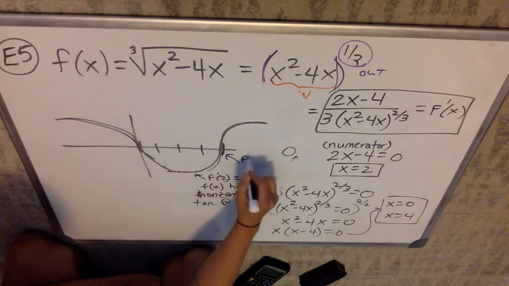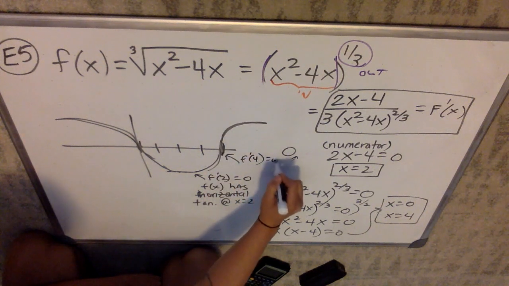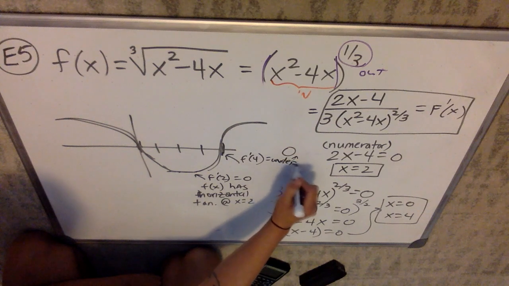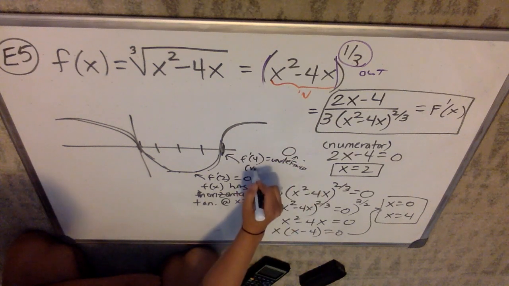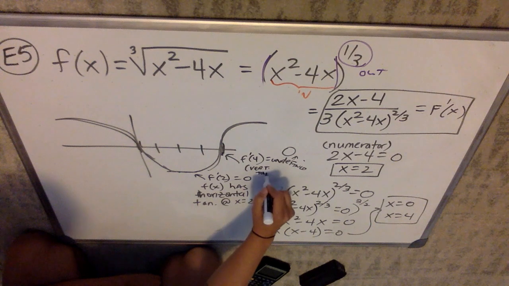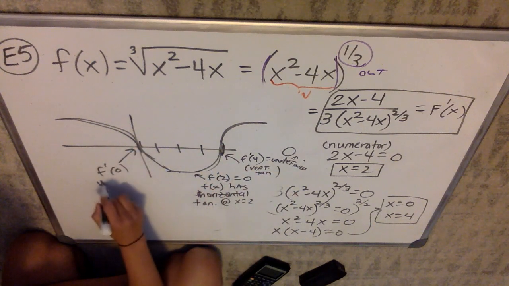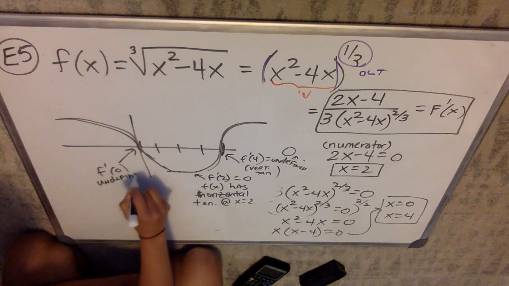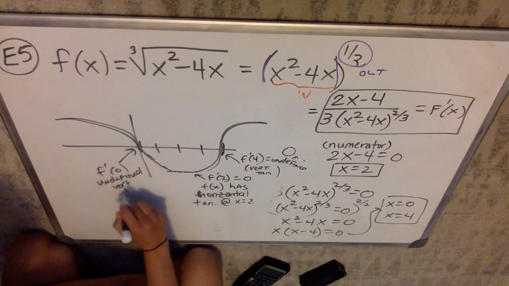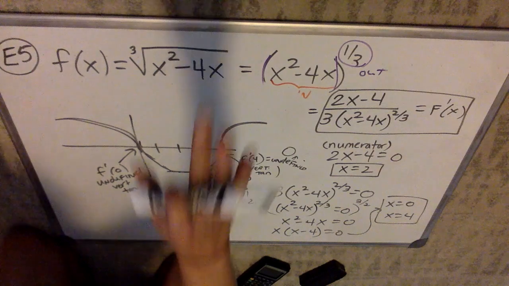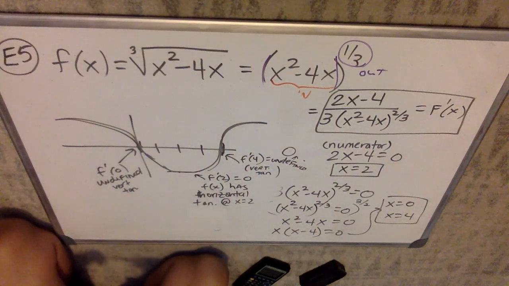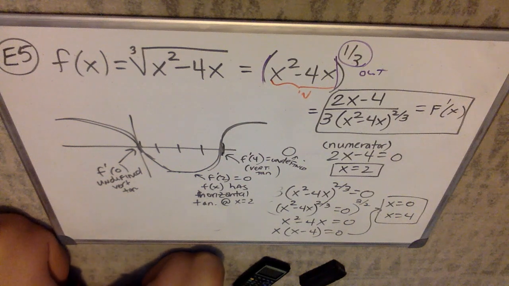So f prime of 4 does not exist because there's a vertical tangent line. And the same thing is true at 0: f prime of 0 does not exist because there's a vertical tangent. So what we're going to find is that very often in calculus, we are asked questions about when f prime is equal to 0 or when f prime does not exist.